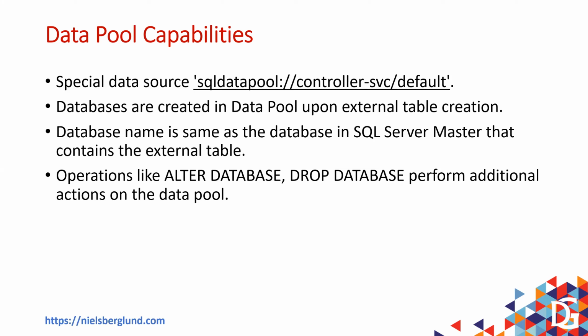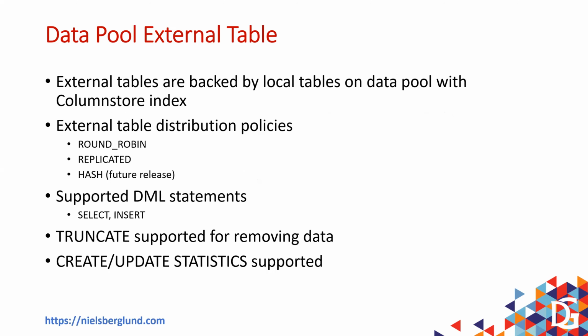And then we can do alter database, drop database, etc., on the data pool, and we can create indexes. So my external table will now be exposed in the data pool, and it will contain data, and the external tables have by default a column store index.